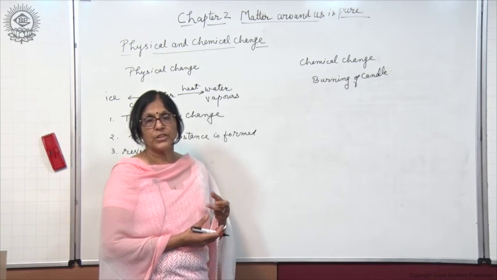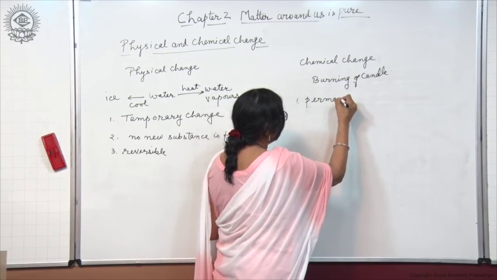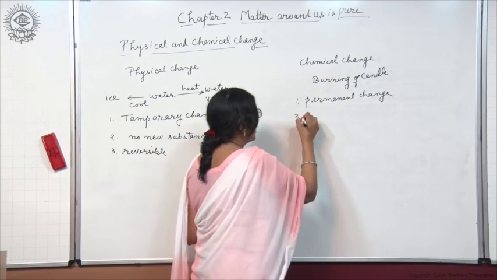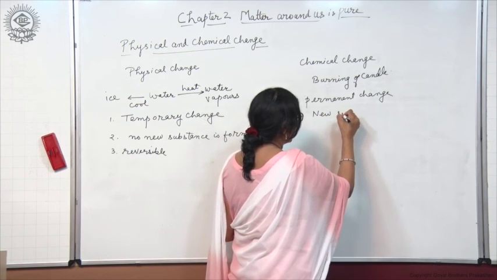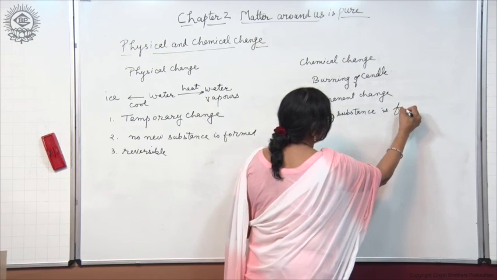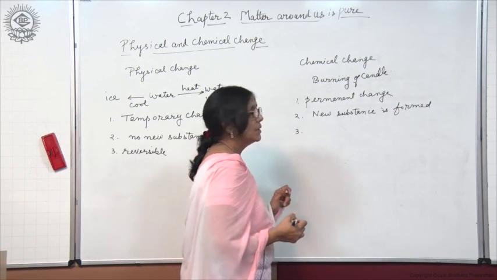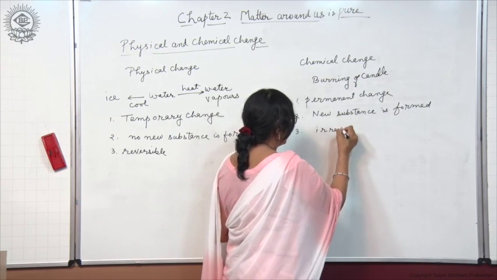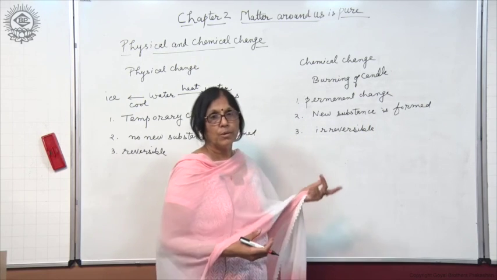A chemical change is a permanent change. In this change a new substance is formed, and the change is irreversible. Think about some more examples.